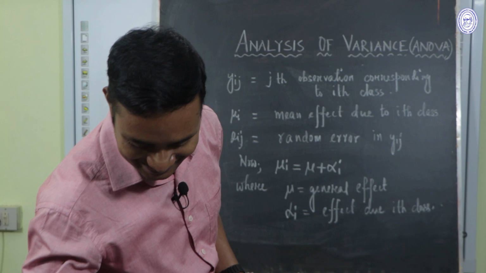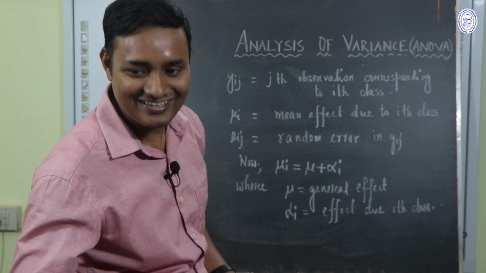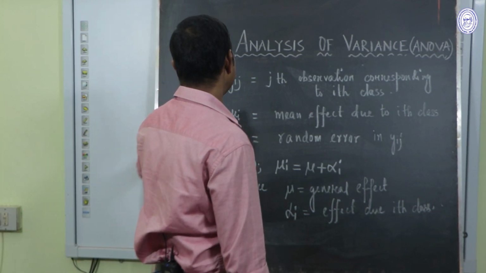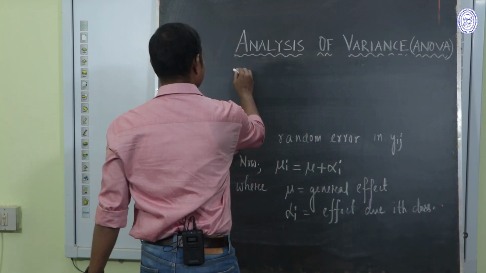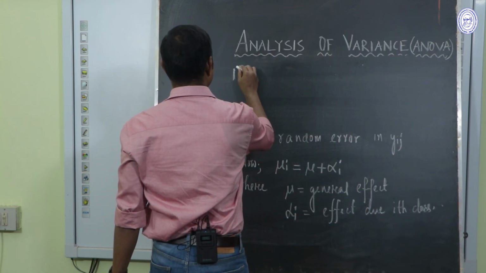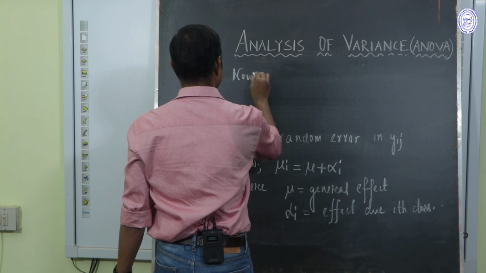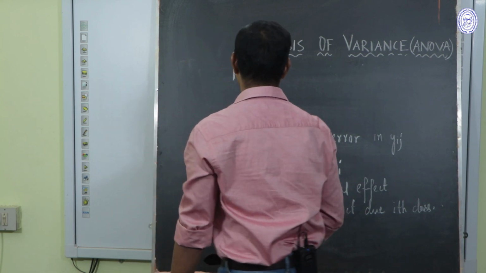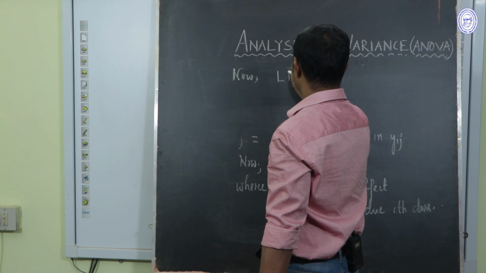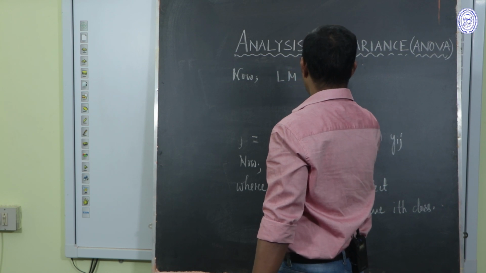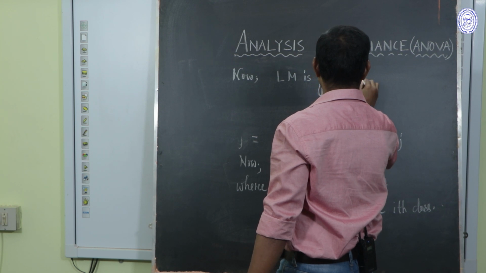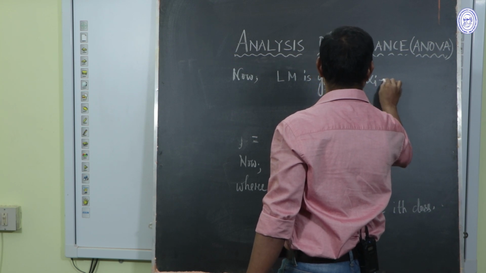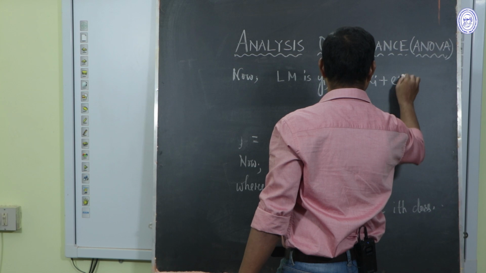So the final linear model is Yij equal to mu plus alpha i plus Eij.